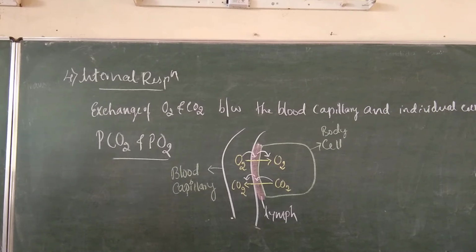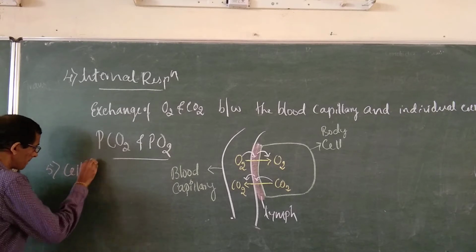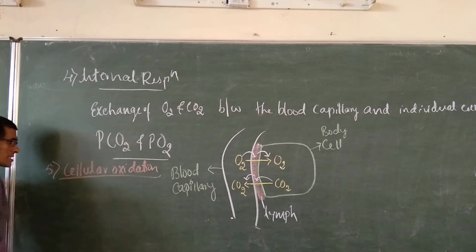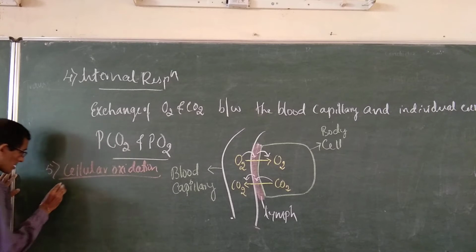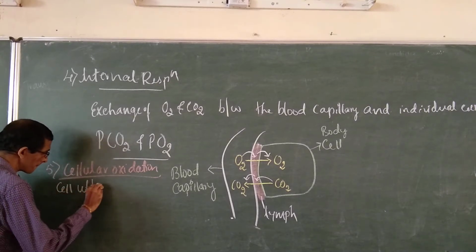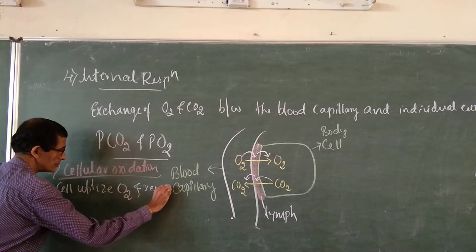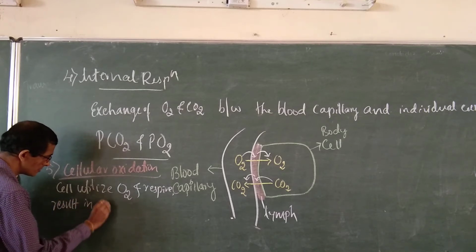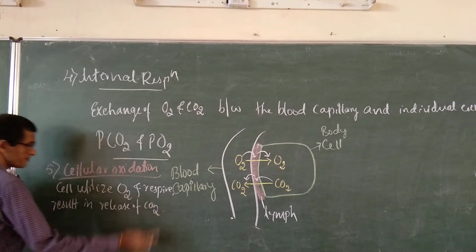And last step, it is the cellular oxidation, the fifth one. Cellular oxidation refers to, in simple way, cell utilizes oxygen and respires, resulting in release of carbon dioxide.